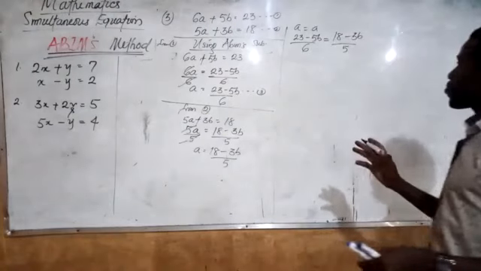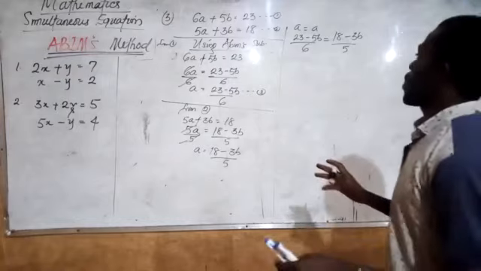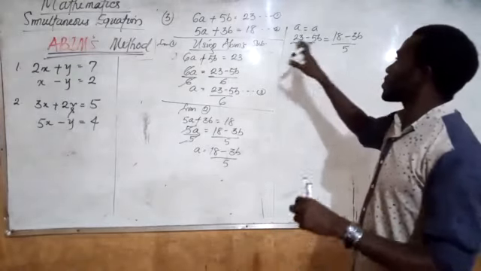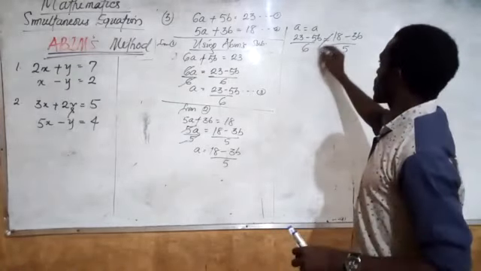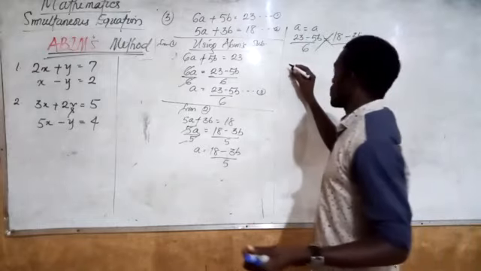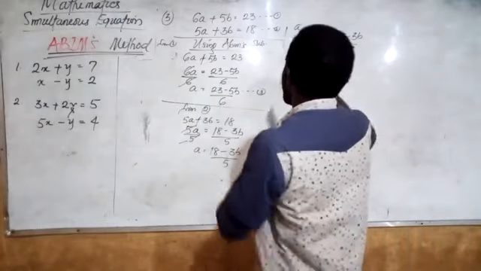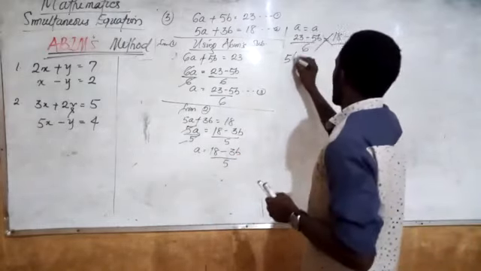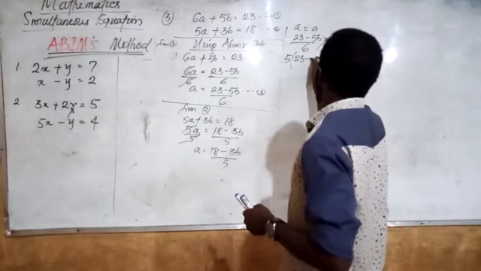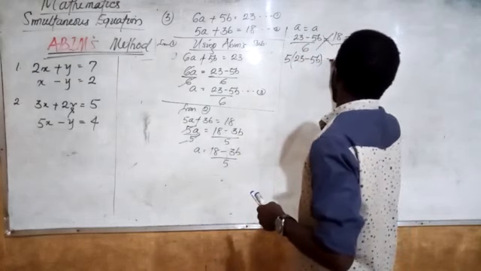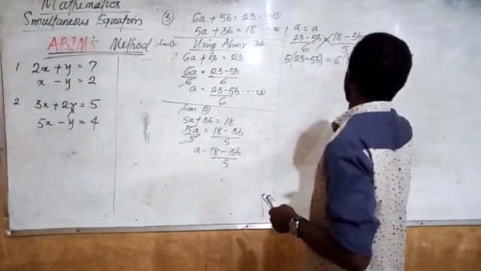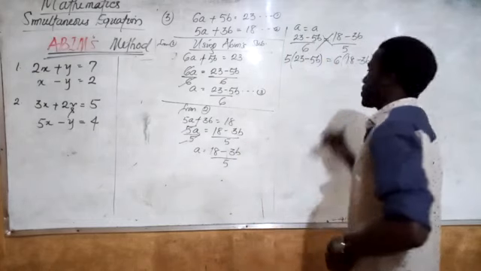The easiest way to go about this is just multiply through by the LCM. But if you don't know how to do that, you can easily cross multiply. It will still be the same. So we have 5 into bracket 23 minus 5B equals 6 into bracket 18 minus 3B.